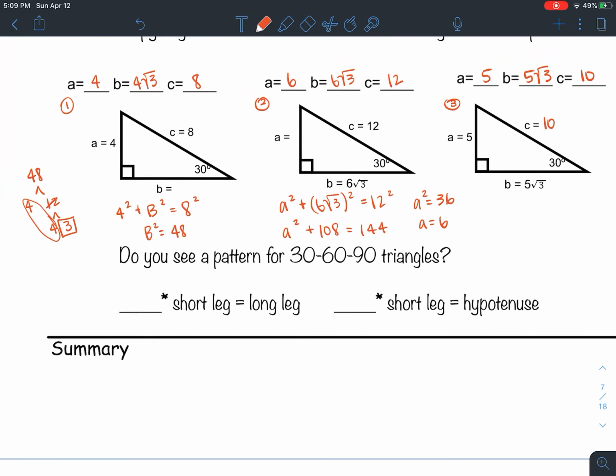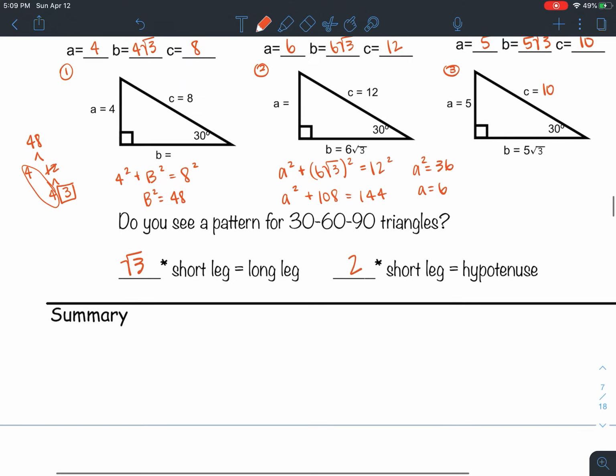So for our 30, 60, 90 triangles, our short leg, which is our A, is going to be multiplied times the square root of 3 to get the long leg. And back to the short leg, if I have a short leg with a value of 5, my hypotenuse was 10, so it is 2 times the short leg.